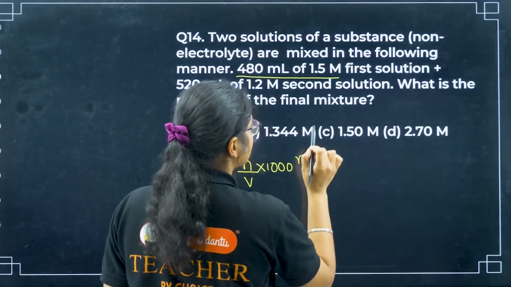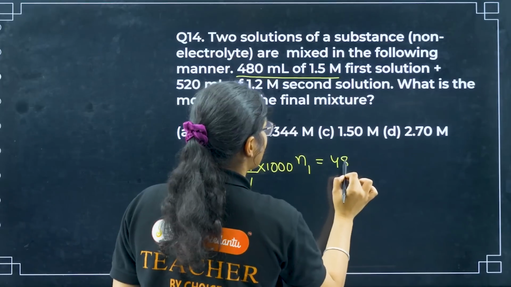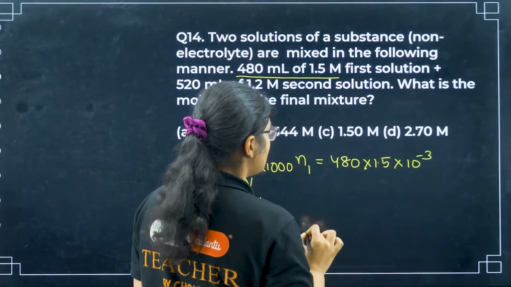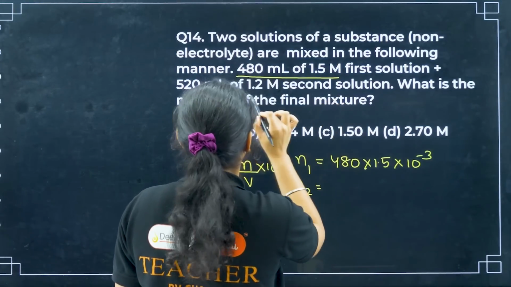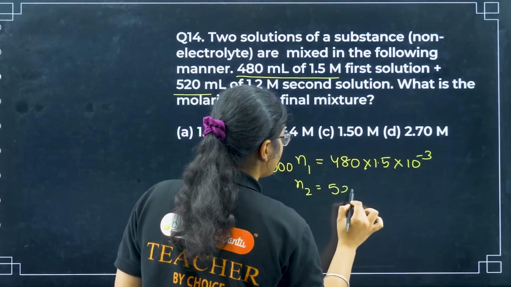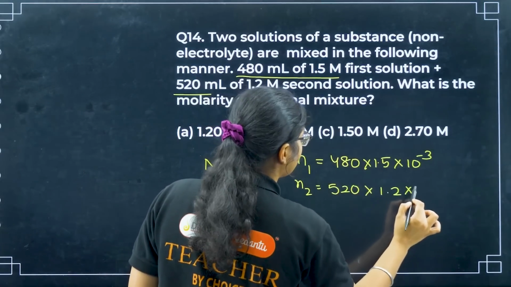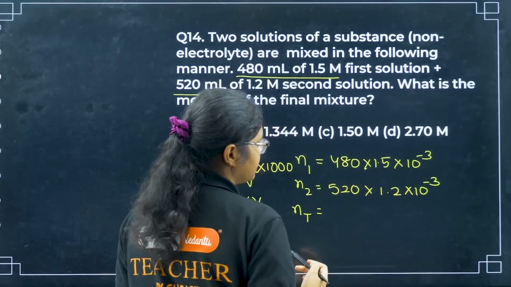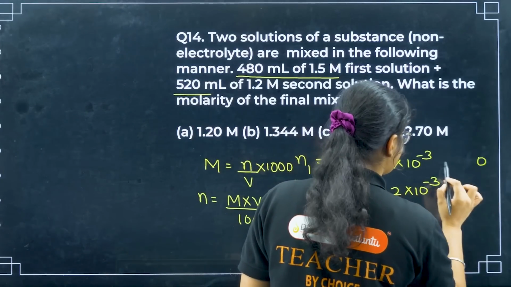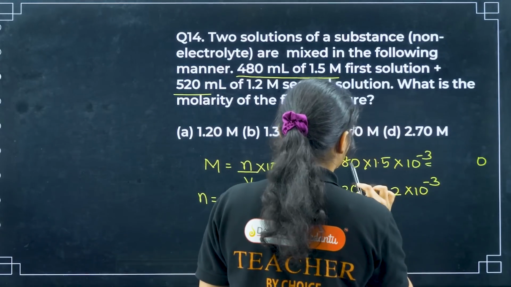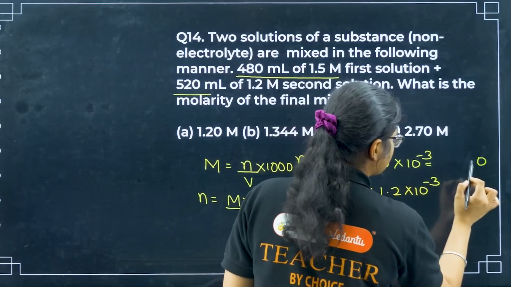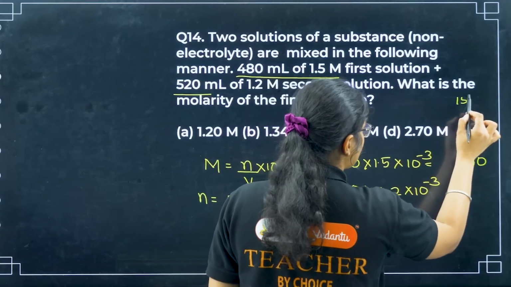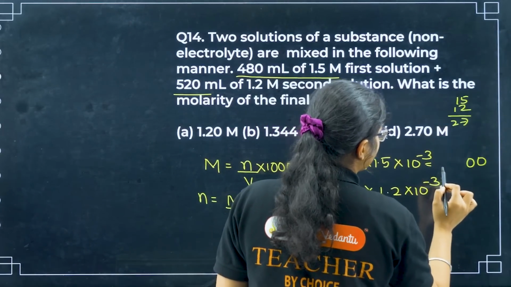So I can have n1 from the first solution. What is the number of moles? 480 into 1.5 into 10 to the power of minus 3. Now n2 is equal to how much? I have here 520 ml, okay, into 1.2 into 10 to the power of minus 3. So what is n total here? Okay, so let me just multiply this one. 15 zeros are 0, 15 8s are 120, so again 0 and carried 12, 15 1s are 15, 15 plus 12, that is 27.